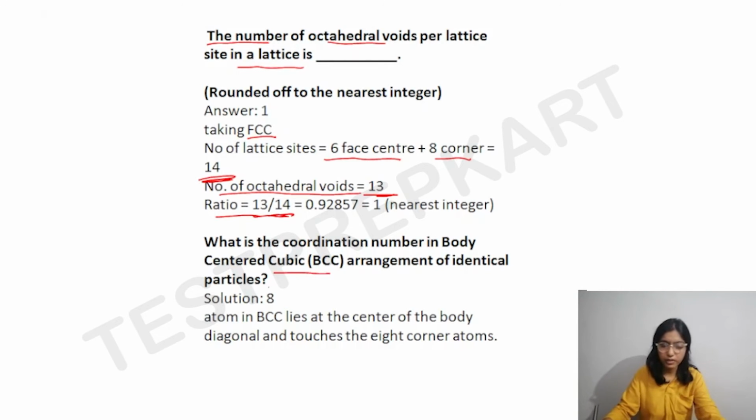Arrangement of identical particles. In BCC, the atom at the center of the body diagonally touches the 8 corner atoms, so coordination number is 8. So like that, from remembering the values directly, questions can be solved. Solid state might not come every time in the question paper, but when it does, it is a scoring topic. So make sure to remember these values.